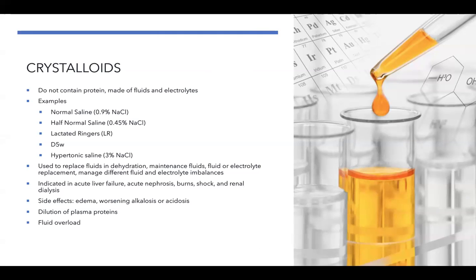So these do not contain any protein, and they are purely consisting of fluid and electrolytes. So this is going to be your normal saline, your 0.9% NaCl, your half normal saline, the 0.45%, lactated ringers, also referred to as LR, D5W, that's a dextrose solution, and then your hypertonic saline or your 3%.